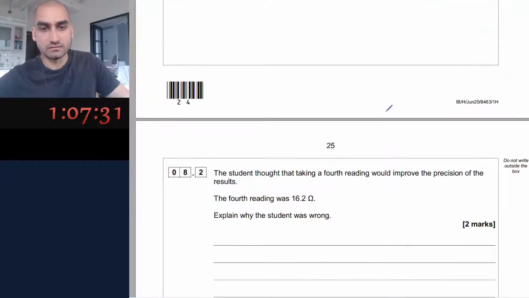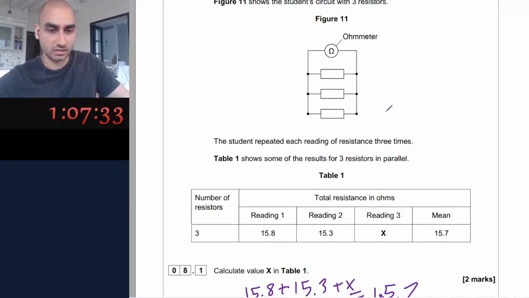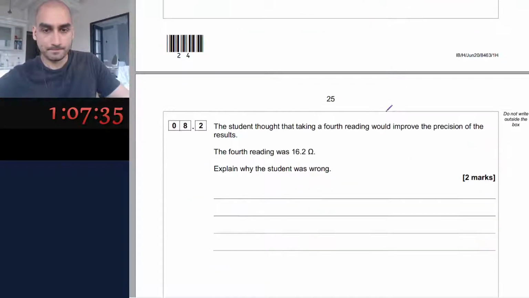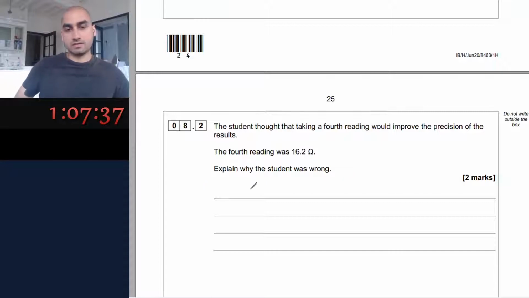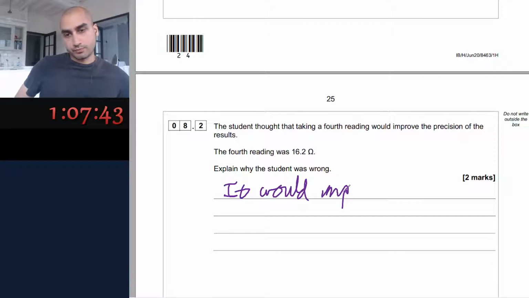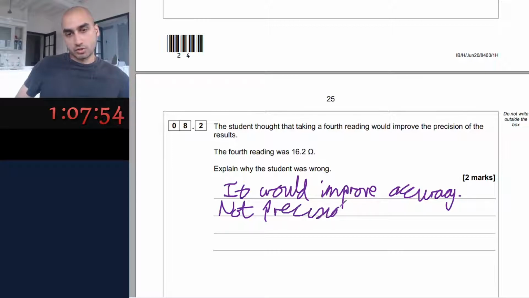Precision of the results? Well, it would improve the accuracy. It would improve accuracy, not precision.